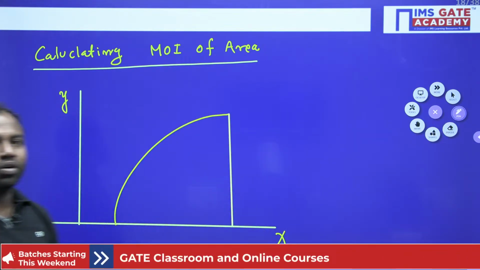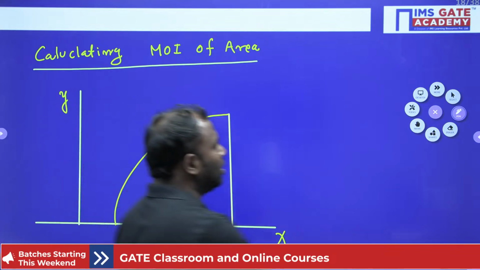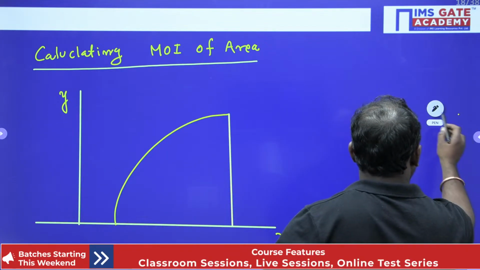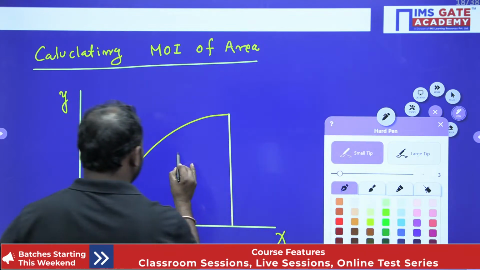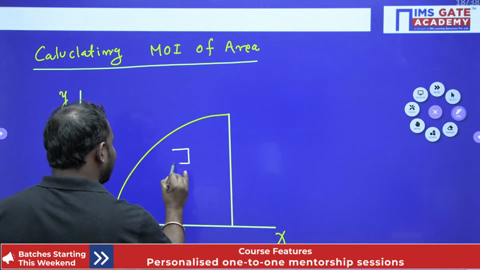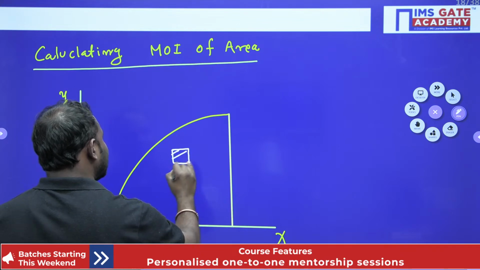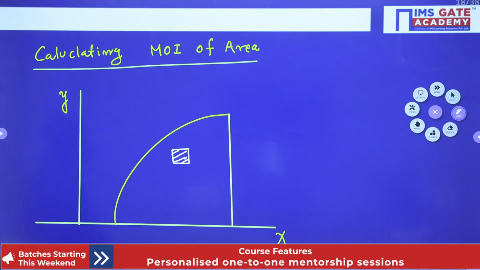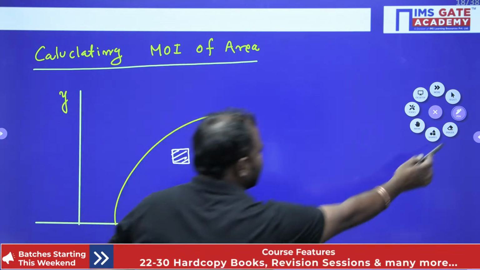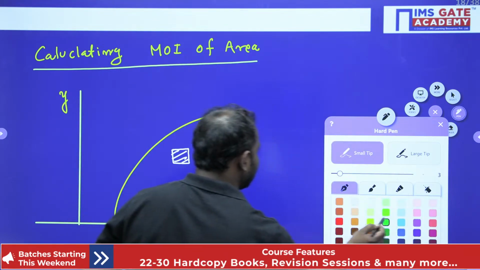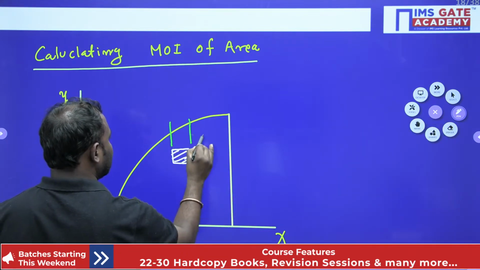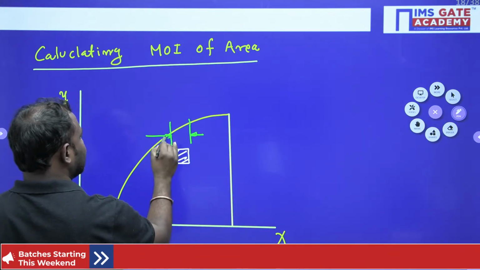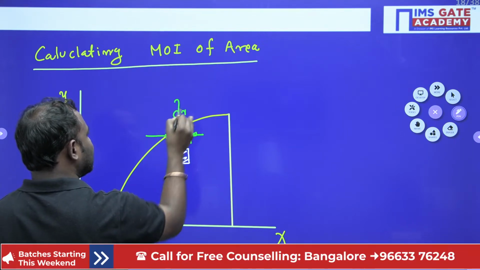Now for that purpose, I'll consider a small elemental area in this. It is very small, guys. Now from here, this is a distance of, I'll take another color. Now this is dx.